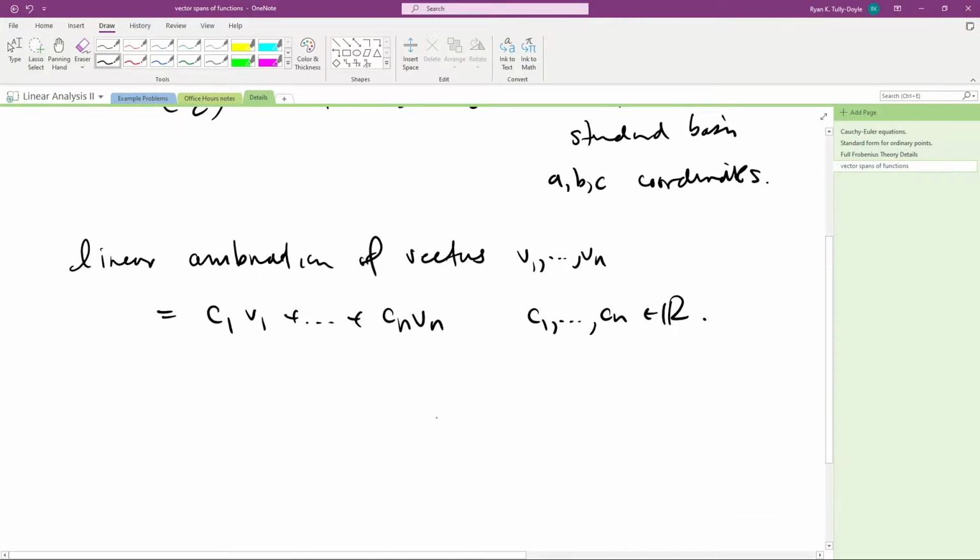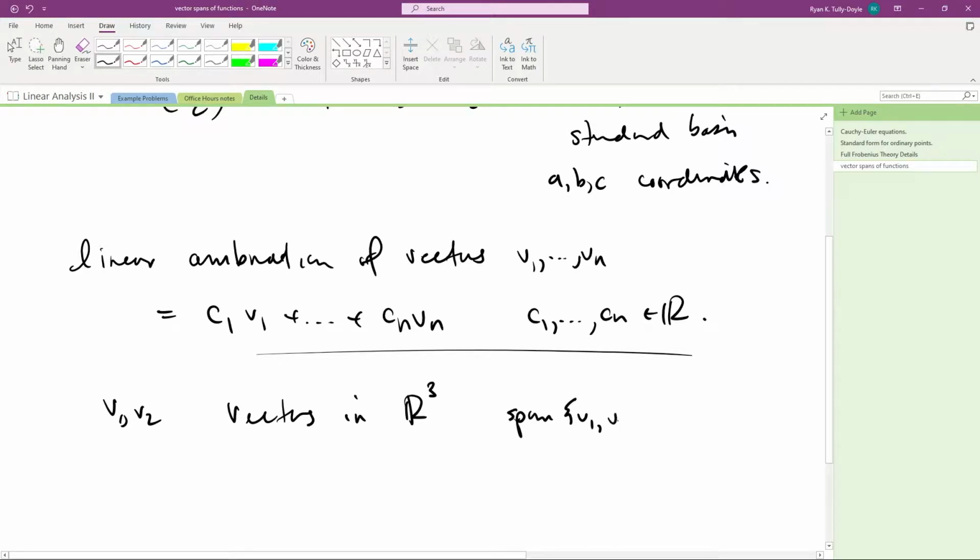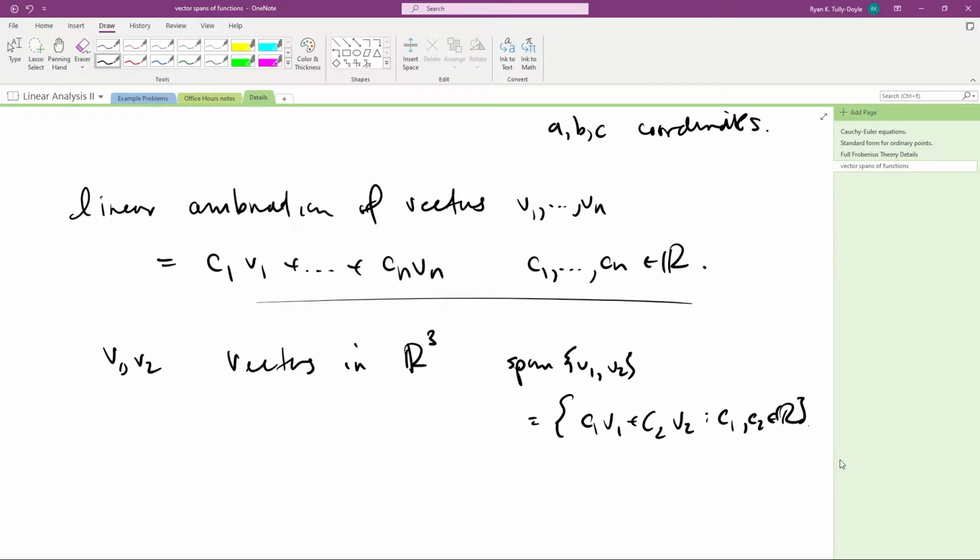The set of all possible linear combinations of a starting set of vectors is called the span of those vectors. So if you started with, say, just v1 and v2 as vectors in R3, then the span of v1 and v2 is just the set of all possible combinations of v1 and v2. If v1 and v2 are linearly independent, this set will be a plane.